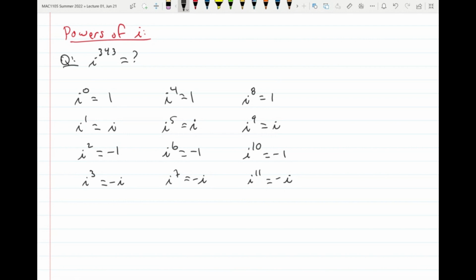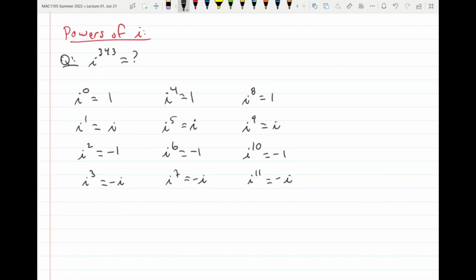All of these are giving me i. So what will be the next one here? 13. The next one? 17. So you do plus 4 to get the next one, and they will all give you i. What do the powers in this second row have in common?